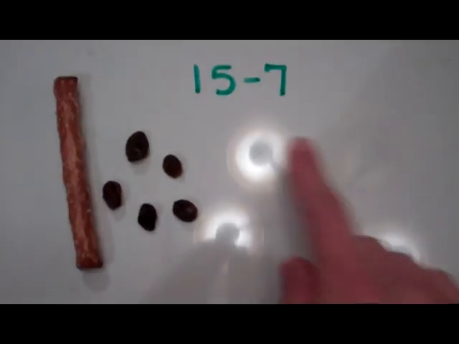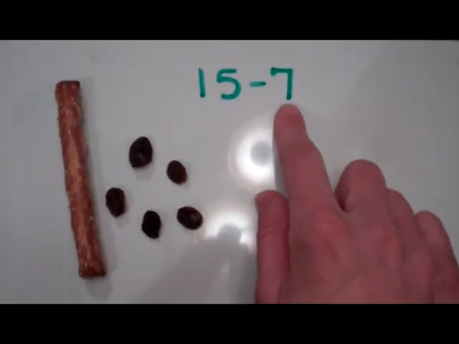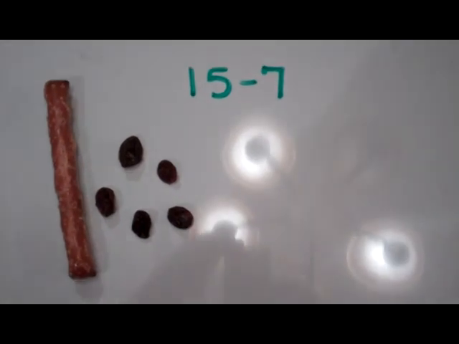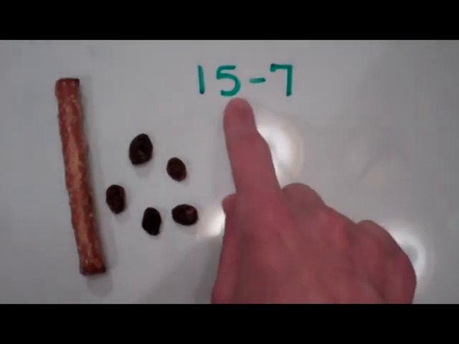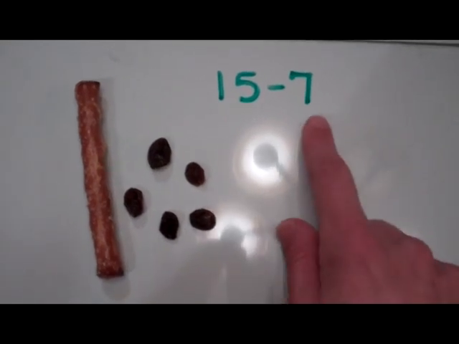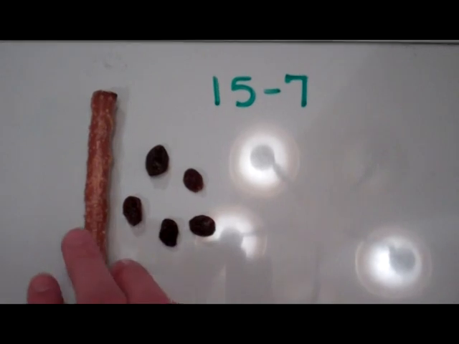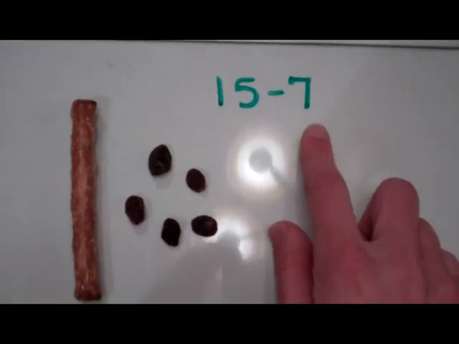All right, let's look at 15 minus 7. Now, can we take 7 away from 5? We can't take 7 away from the 5 1s we have, so we need to take 7 away from our 10. So what is 10 minus 7?